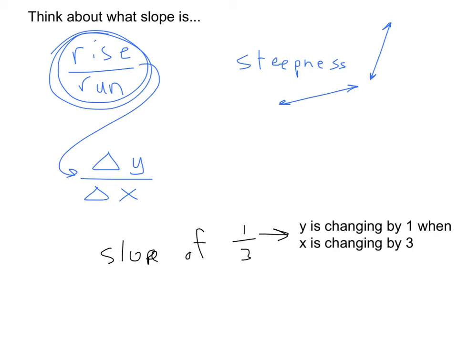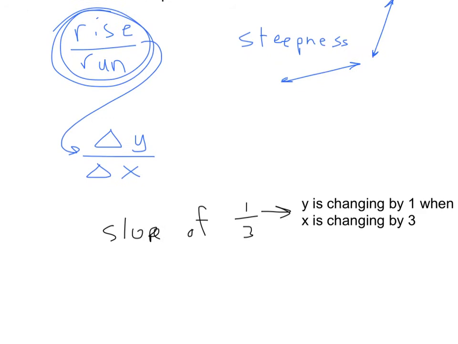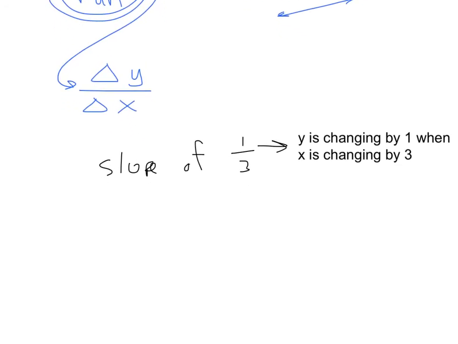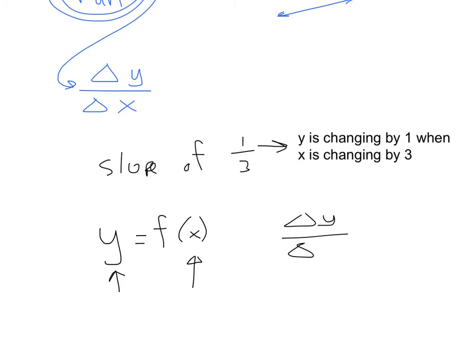So at this point, what I've effectively said to you is, hey everybody, the derivative gives us slope. And that's true, but that's only true because all of the functions that we've worked with so far have been y as a function of x. One of my variables is y, one of my variables is x, and so when I look at a change, I end up looking at the change in y over the change in x, and that change gives me slope.